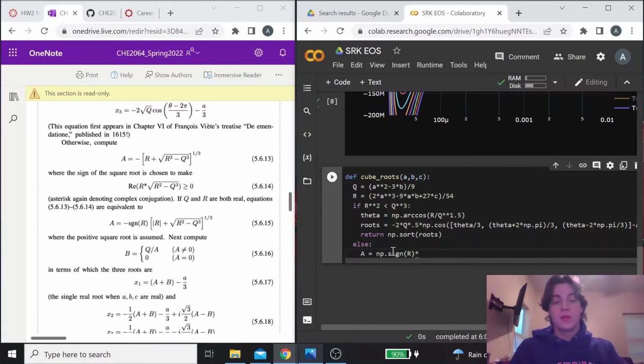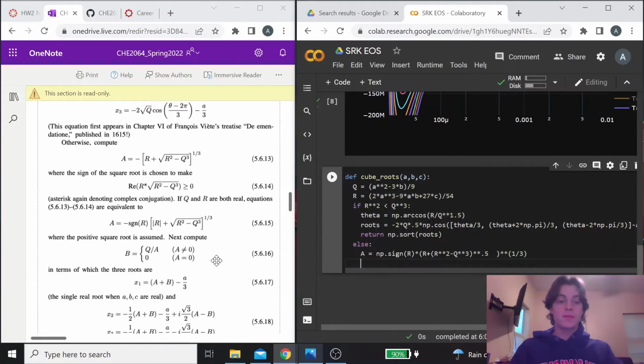And the negative sine of r is multiplied by this set of brackets, all to the 1/3 power. And in the brackets, we have the absolute value of r plus the square root of r squared minus q cubed.